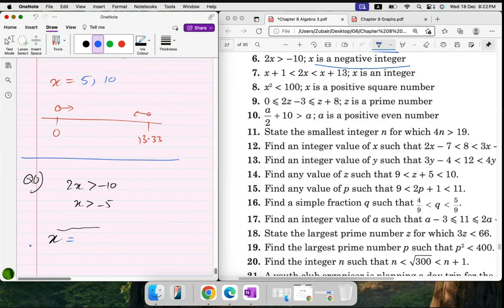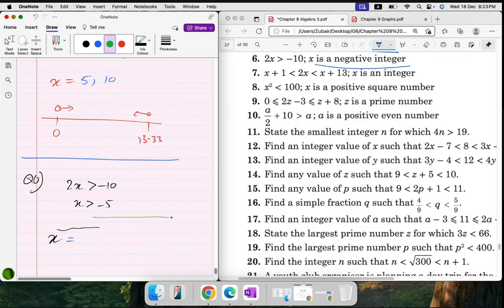What would be x? What did you say? Minus 4 is correct.